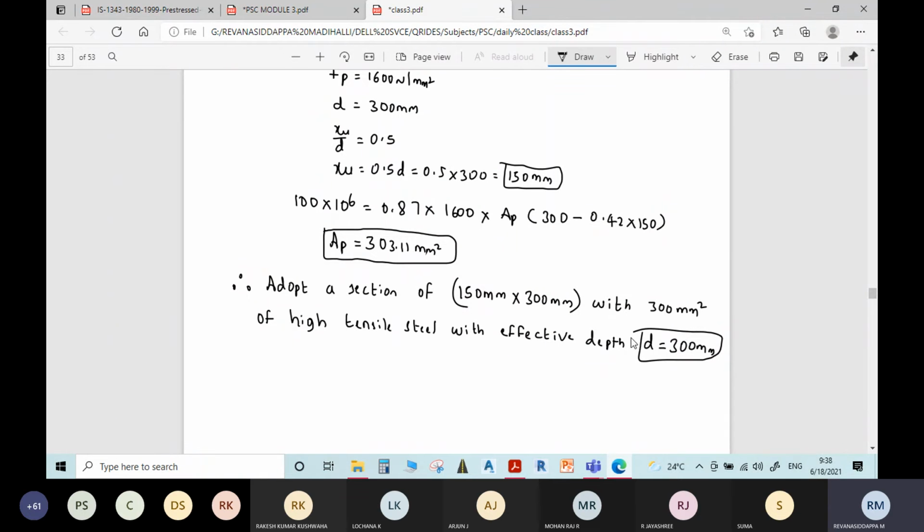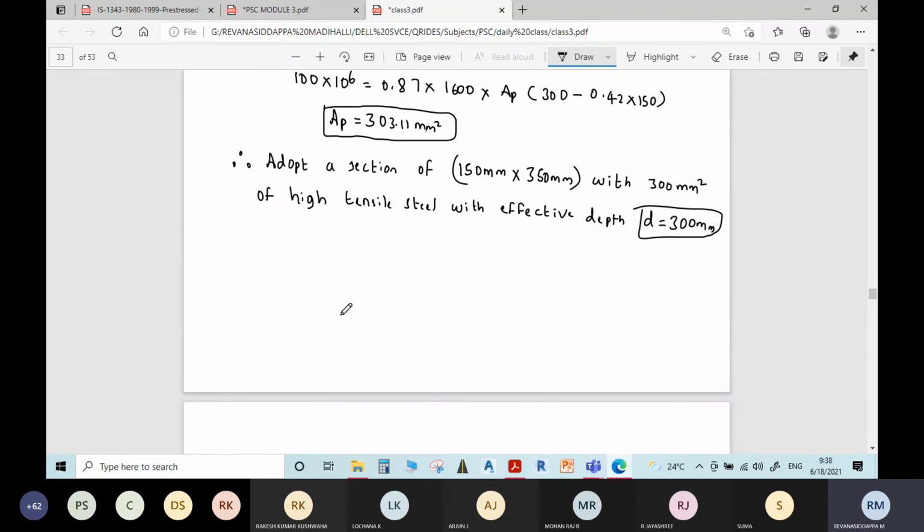Assuming around 50 mm cover, here you write overall depth instead of the effective depth. So if you assume 50 mm cover, the overall depth of the beam will be around 350 mm, right? So adopt a section of 150 into 350 mm with area of pre-stressing steel 300 mm square and effective depth of 300 mm. You write a figure.